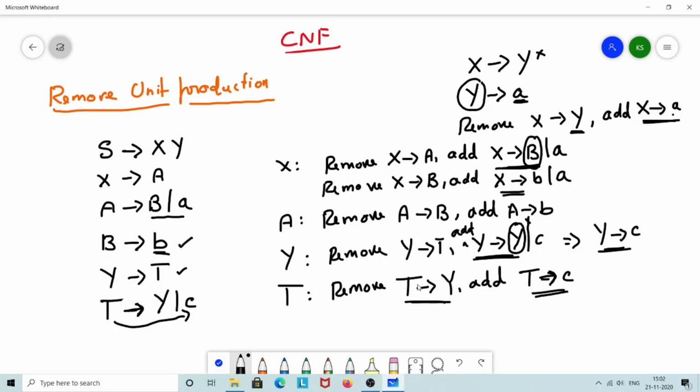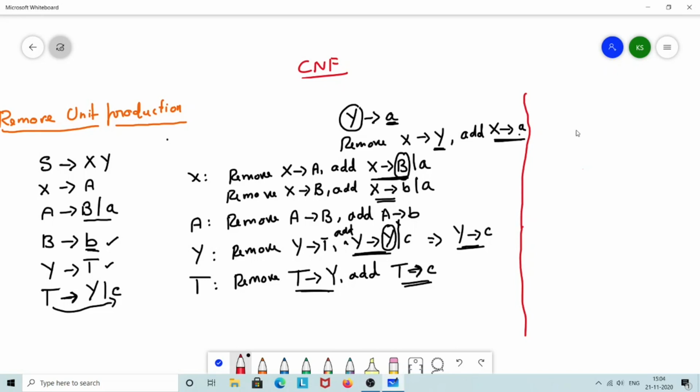Now let us rewrite this grammar with the final solution of eliminating unit production. Let us write the final solution after removing unit production, as per the steps we followed previously. So S gives xy. Then x, what did we add? Finally we have this rule with respect to x, so that needs to be written.